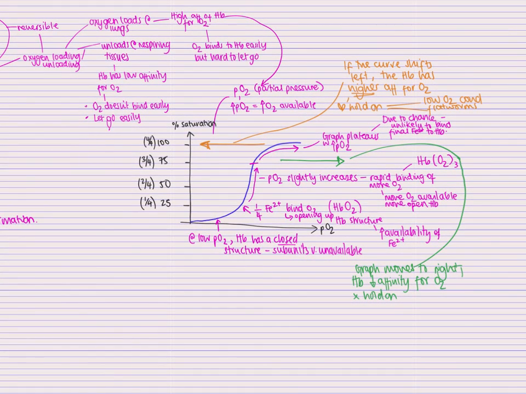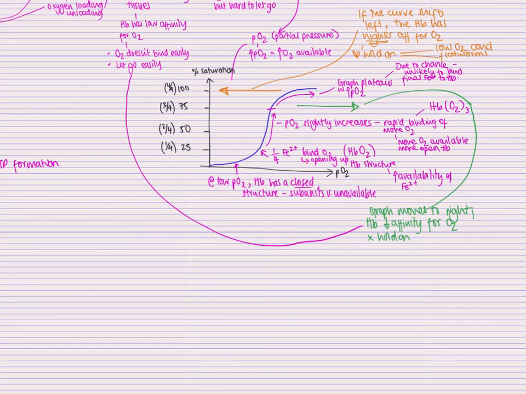Now, to finish up, we see this shift to the right in high carbon dioxide conditions. So when the PCO2, the partial pressure of carbon dioxide, is high, we shift the affinity of hemoglobin for oxygen to the right. And this is what happens at the respiring tissue.